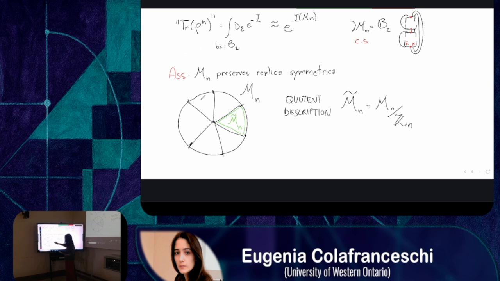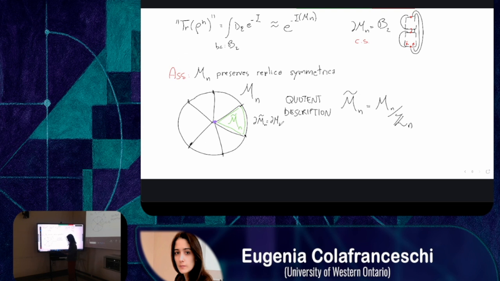And now look what happens. Before, we had the boundary conditions with a conical singularity, but the bulk was smooth. When we move to a quotient description, the boundary condition, which is just the same as one copy, so the boundary of this M tilde is just the boundary of M1, is smooth. But now the bulk has a conical singularity, which is the center of this disk, the surface which is invariant under replica symmetry.